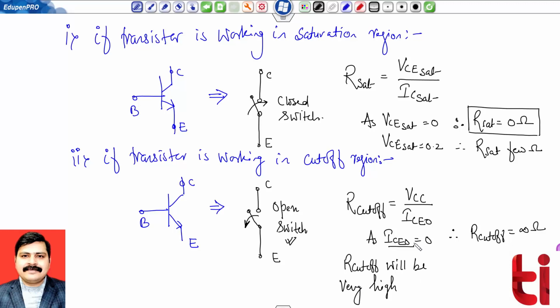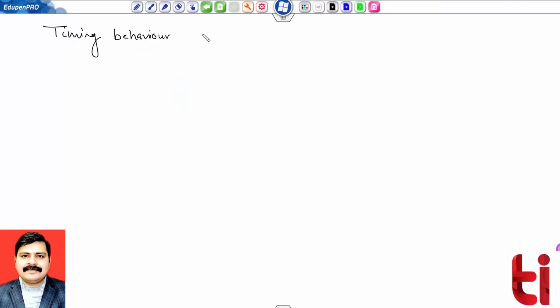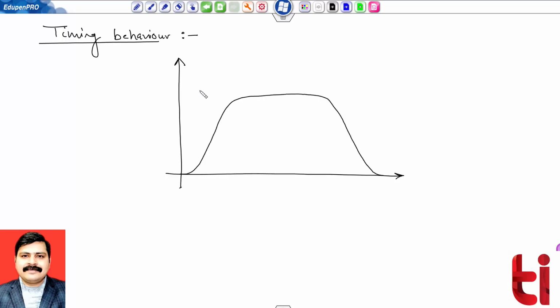So for better understanding, let us see the timing behavior. I'm just plotting a curve. I'm interested in finding the collector current. I'm defining some levels here. This is my collector current IC in milliamperes.